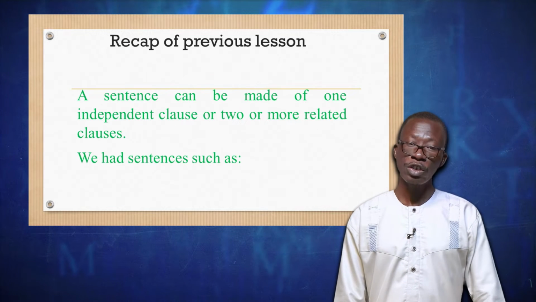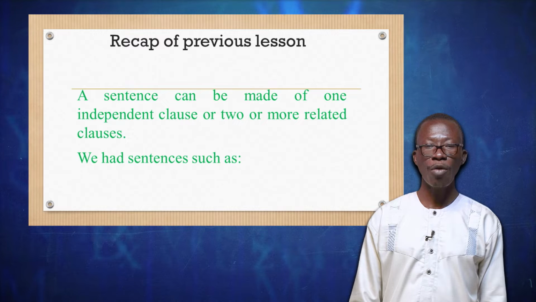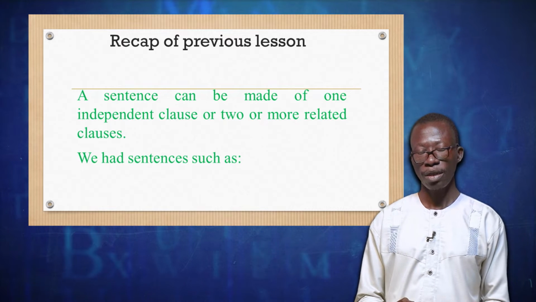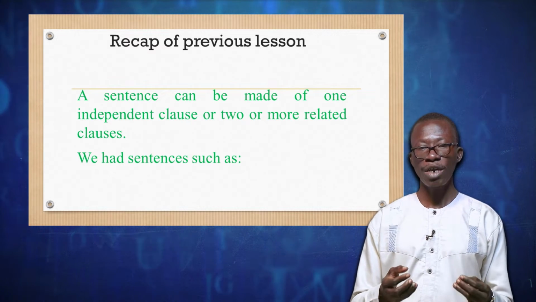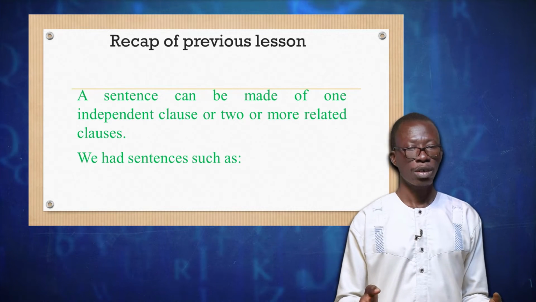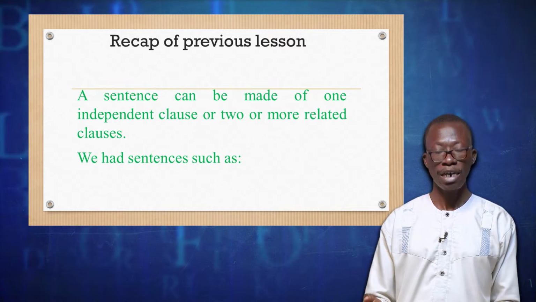We also said that a sentence can be made of one independent clause or 2 or more related clauses. Now, if you have a sentence that is made of only one clause, automatically it means that that clause is an independent clause.